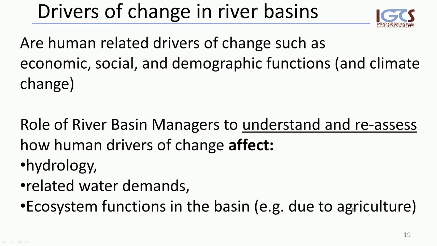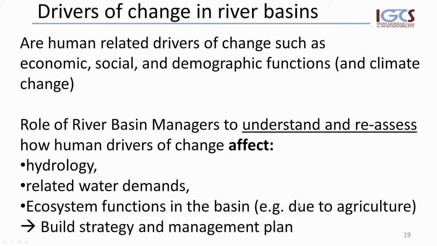If the agricultural priorities change, if the types of crops or the cropping pattern change, if new technologies are implemented, drip irrigation or flood irrigation, how this has its impact on the ecosystem's functions and so on. And this all has to be built into a strategy and a management plan.